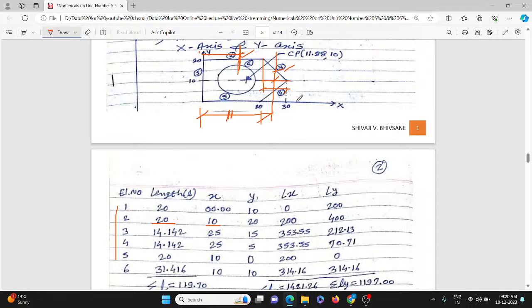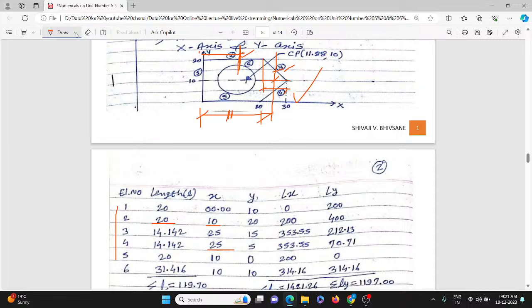X is nothing but the distance from Y, and Y is nothing but the distance from X. So take the centroid of that particular element, that is the total length of that element divided by 2, and take that straight distance, and that will be the centroid of that line. In the same way you can calculate the distance X for element number 4.